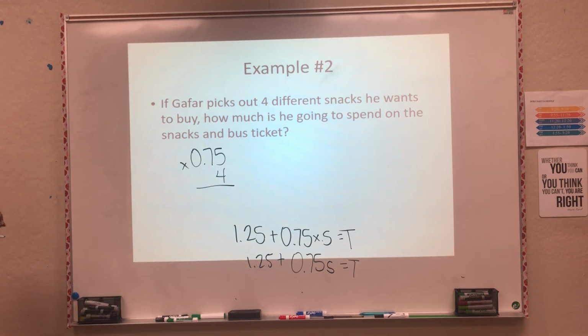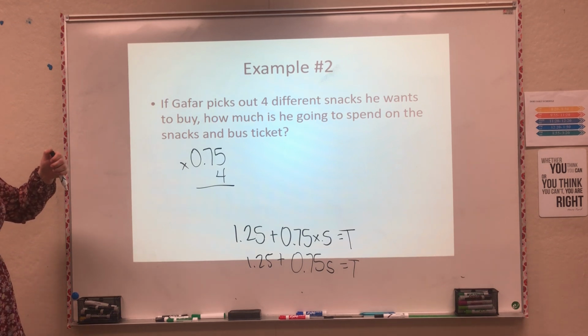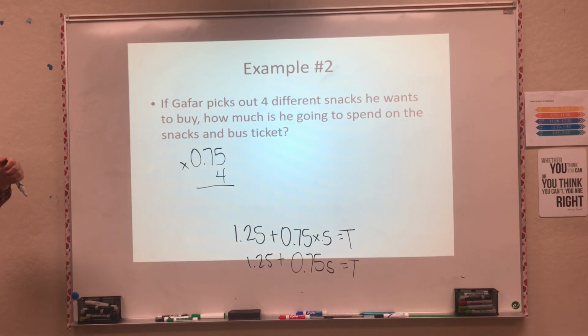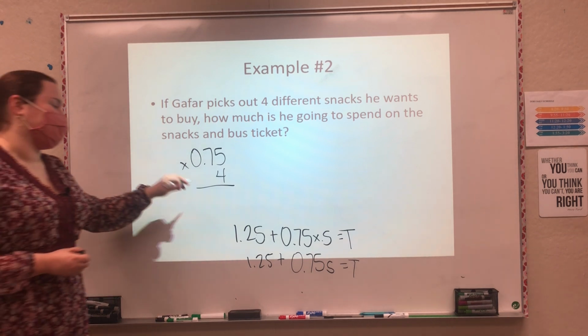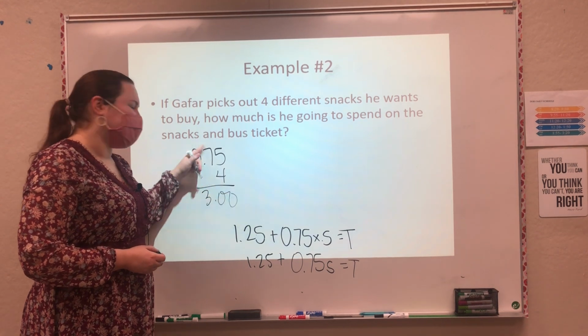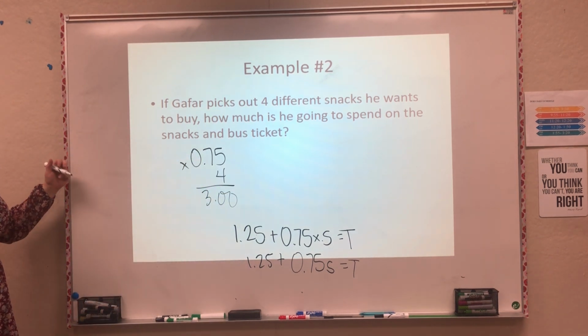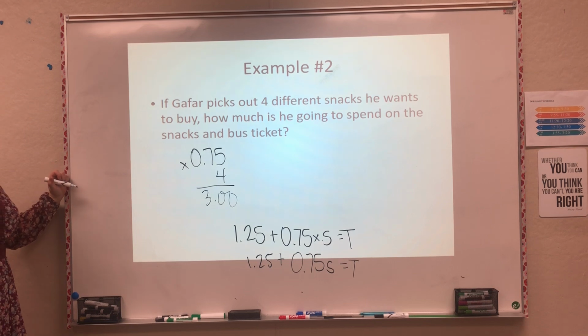What's that equal? Well, 75 cents and 75 cents is $1.50.